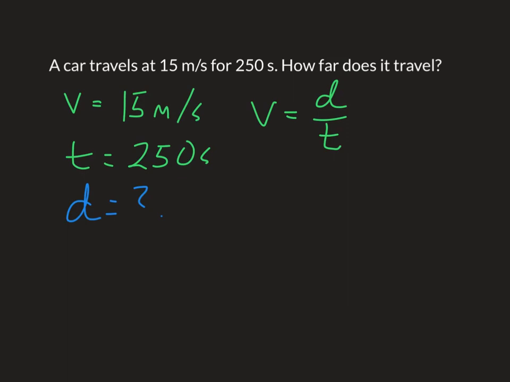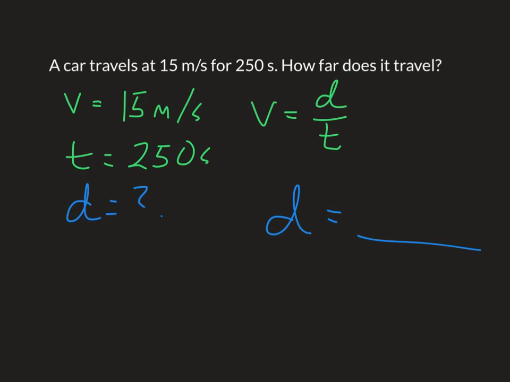This is where I find that students have a bit of trouble, especially if you struggle with algebra. So we want to rearrange this formula to get d, distance, by itself, kind of like how right now v is by itself. When we're done, we want a formula that says d equals something.